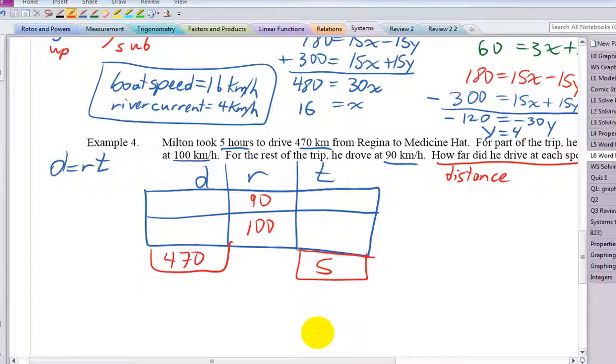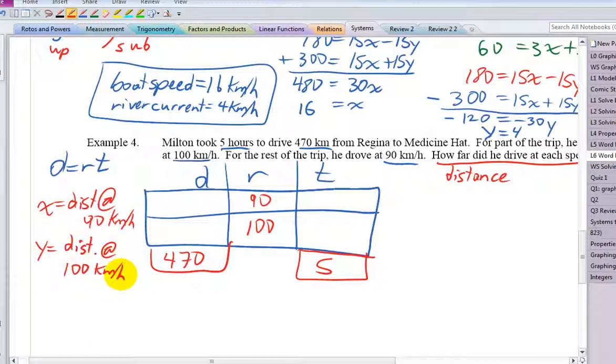at each speed. So x equals the distance at 90 km per hour, and y then would equal the distance at 100 km per hour. So part at the two distances will be x and y.